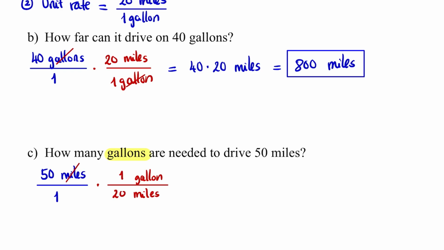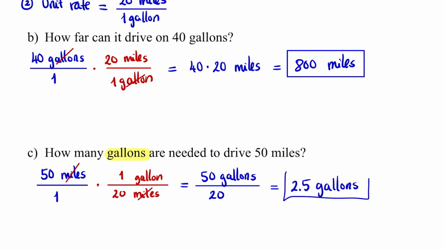Miles cancel out. I get 50 times 1 gallon over 1 times 20, so I have 50 gallons over 20. 50 divided by 20, I get 2.5 gallons. So with the unit rate of 20 miles per gallon, I only need 2.5 gallons in order to drive 50 miles.